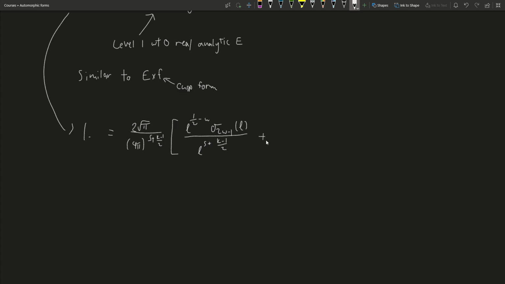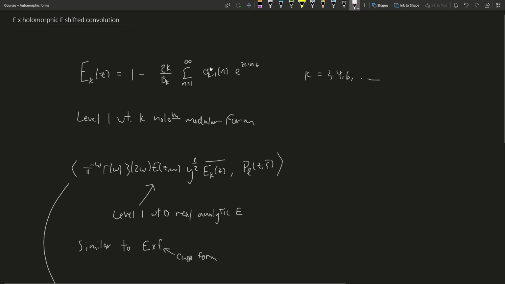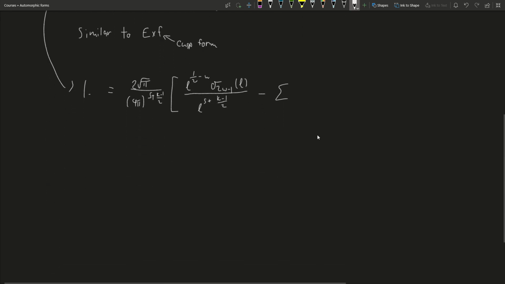And then the rest is really exactly the same as before if you just plug in these Fourier coefficients for your a_n, right? If you take a_n to be 2k sigma_{k-1}(n) over B_k, then you get exactly the same thing as before, but I will write it out.